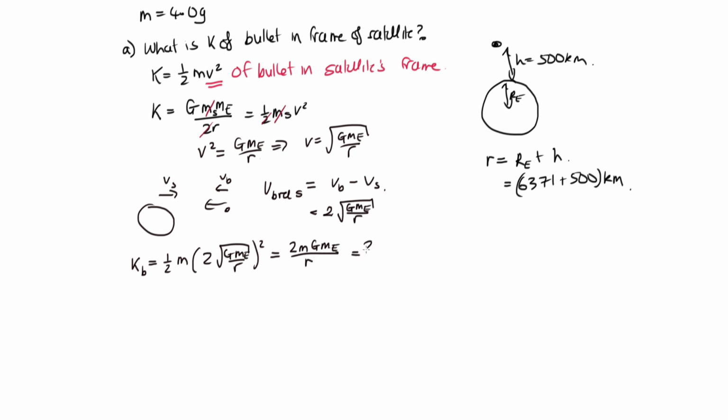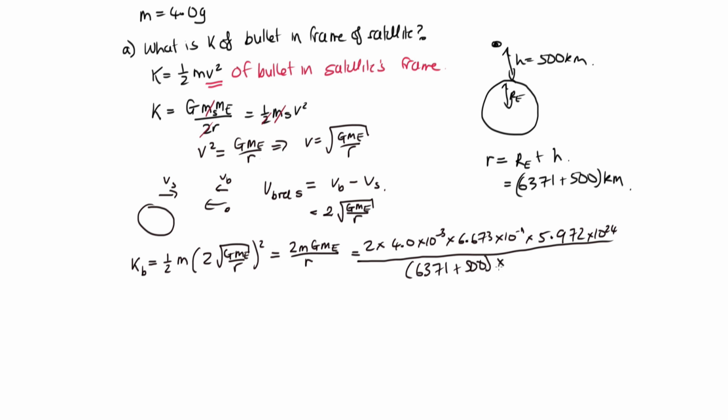And then we can substitute in, so we've got 2 times 4 grams, so that's 4 times 10 to the minus 3, times 6.673 times 10 to the minus 11, times the mass of the Earth, which we grab off the data sheet, 5.972 times 10 to the 24, over r, which is here. This is 6,371 plus 500, and then that's kilometers. So we times it by 1,000 to get it into meters. Solving this, we end up with 463,992, which we can write as 4.6 times 10 to the 5 joules, to two significant figures.